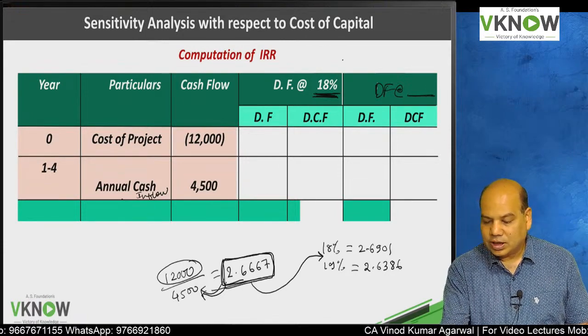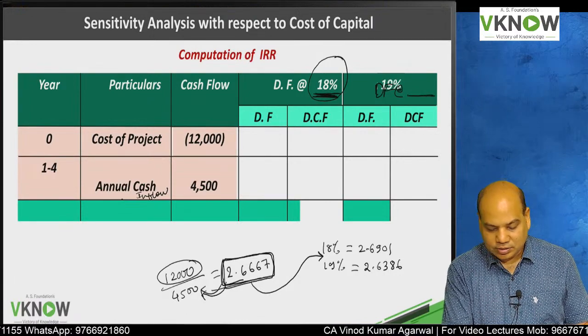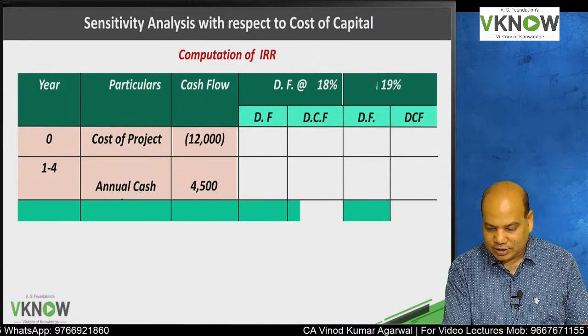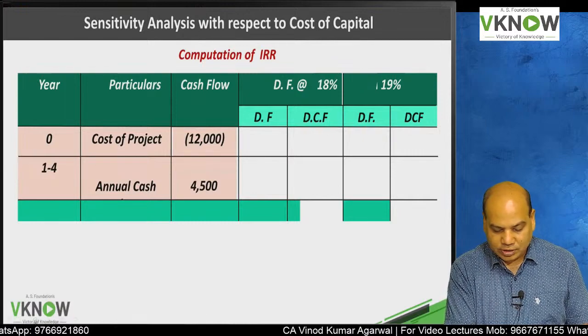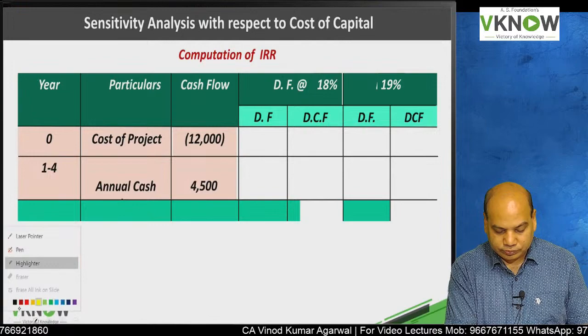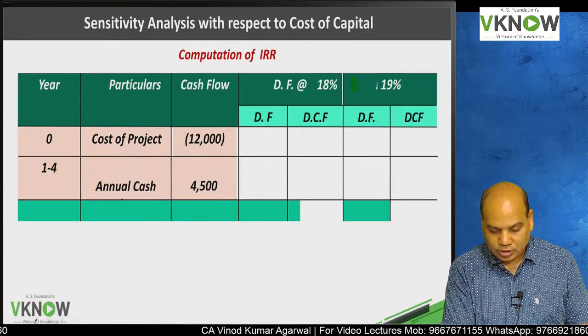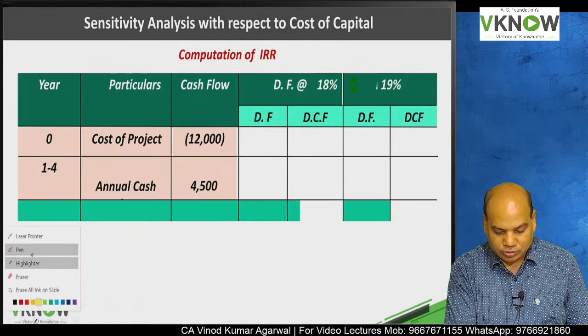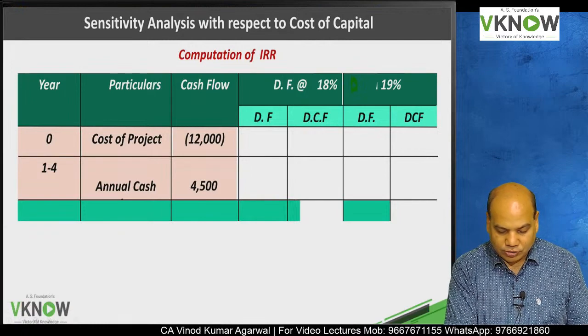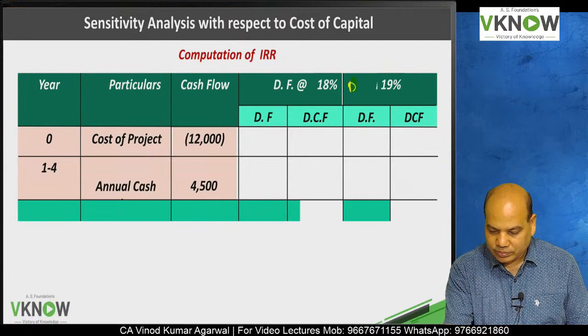Hence I will start with 18% and take the second rate as 19%. So if you have the annuity table with you, you can decide the start rate and end rate very easily.